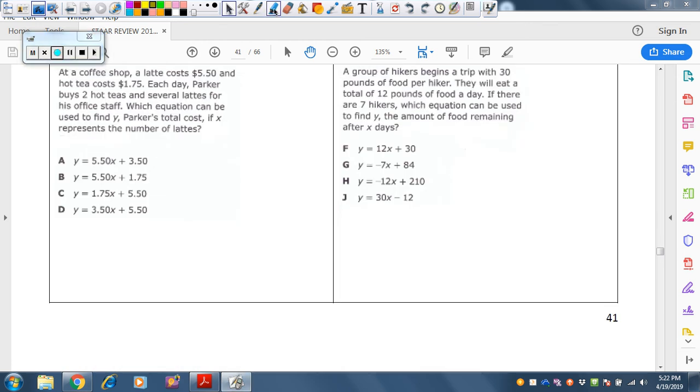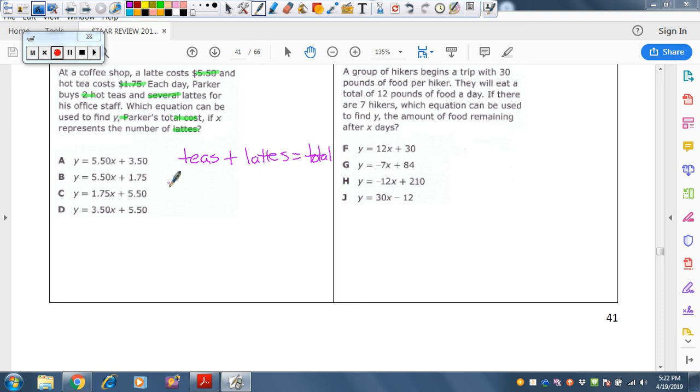At a coffee shop, a latte costs $5.50 and hot tea costs $1.75. Each day, Parker buys 2 hot teas and several lattes. Which equation can be used to find y, the total cost, if x represents the number of lattes? So think about it. We're going to add how much his teas cost plus the cost of lattes to get the total, right?